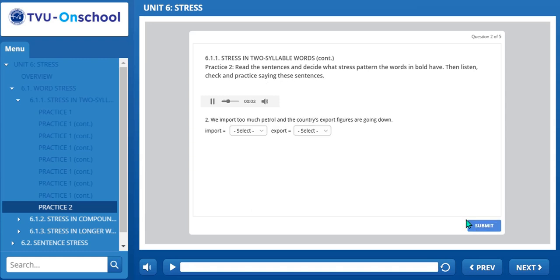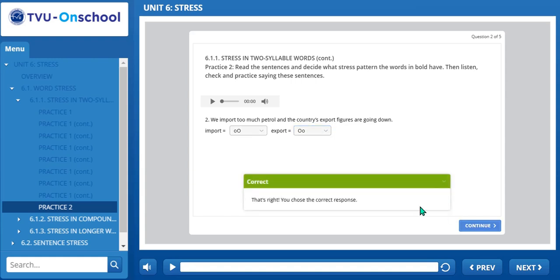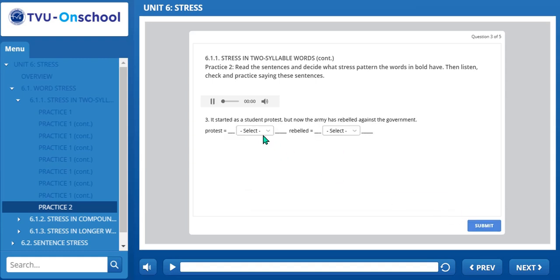We import too much petrol and the country's export figures are going down. 3.